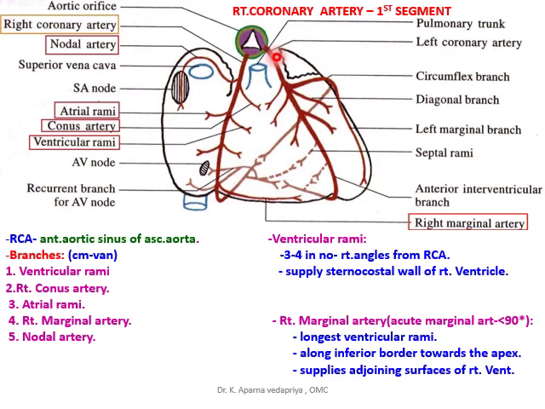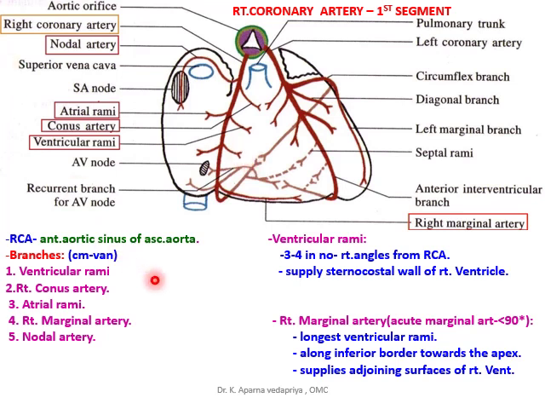So we are going to see the branches of the right coronary artery in the first segment and then in the second segment. There are about 5 branches in the first segment and 5 branches in the second segment. So there are about 10 branches that are concerned with the right coronary artery.